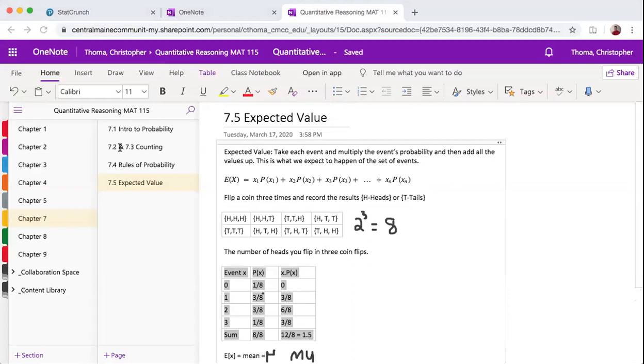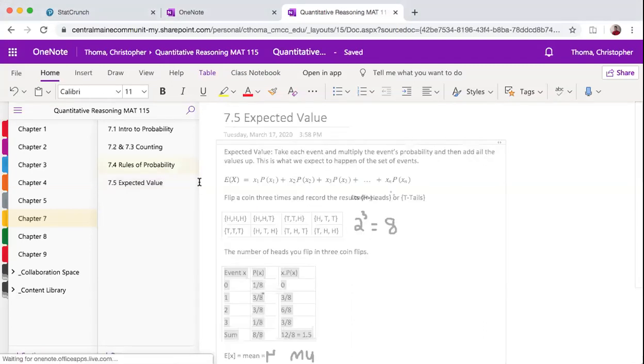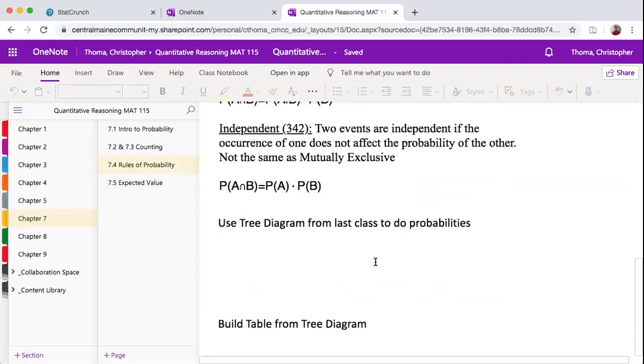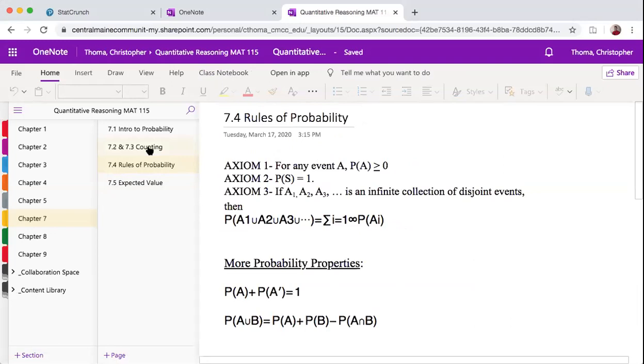The key, though, is you have to understand all the concepts before, right? You must be able to find your total sample space, because that's how you're going to find the probabilities. And you have to know all the different possible outcomes you could have, which is when we go back to rules of probability. Did all my stuff disappear?